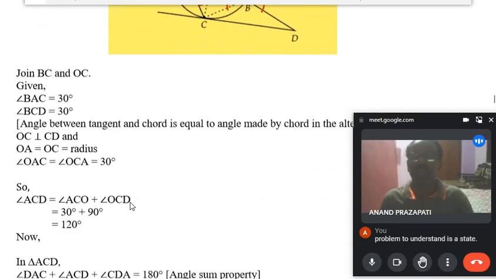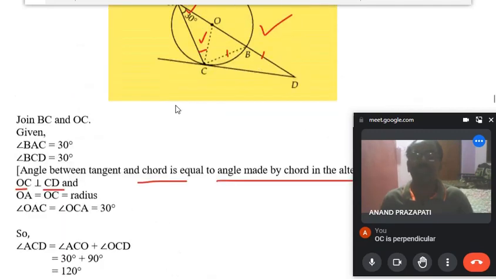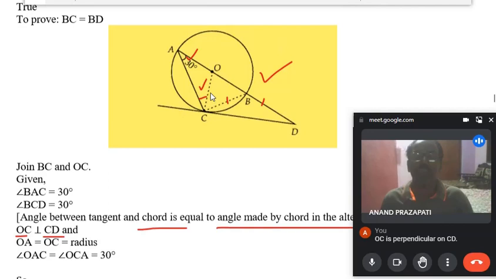And we know that the angle between tangent and chord is equal to the angle made by the chord in the alternate segment. OC is perpendicular to CD.